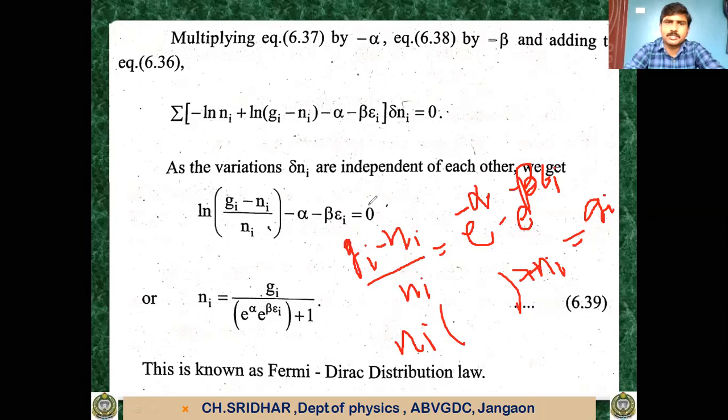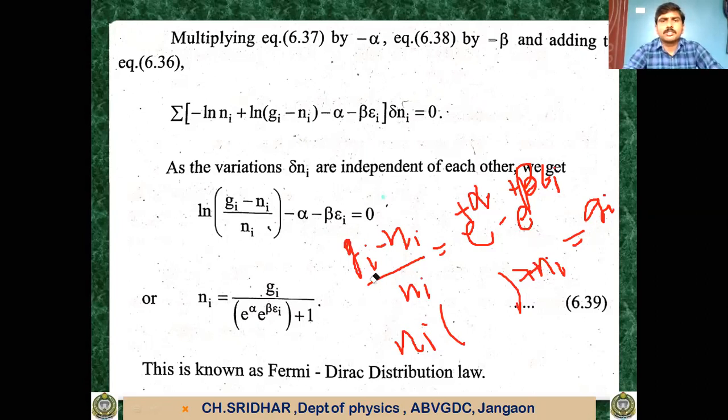On bringing these two terms this side, these two become plus. So e power alpha into e power plus beta Ei. So this is Ni is equal to Gi by e power alpha into e power beta Ei plus 1.